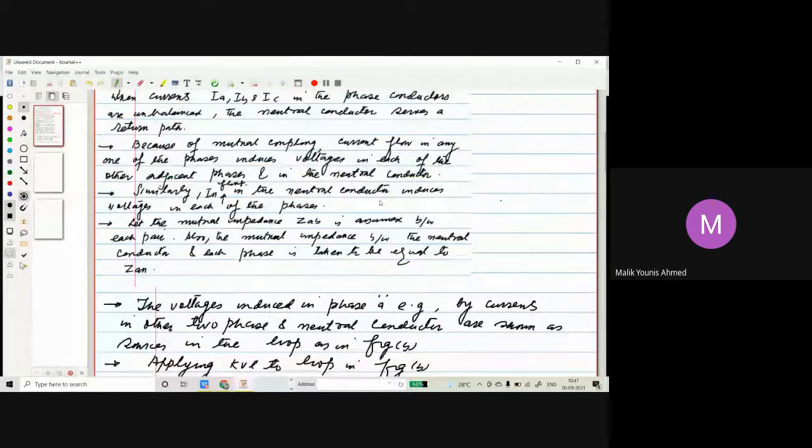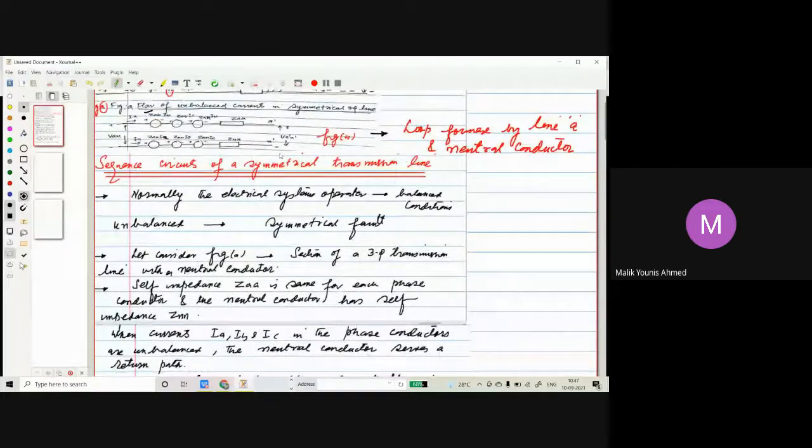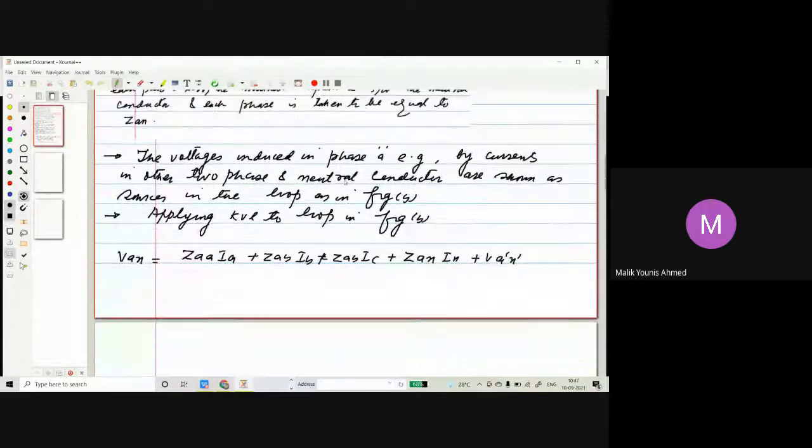So now moving to this side, we will have negative signs now. You can clearly see minus ZNN IN plus, I am writing a complete negative sign as ZAN because the neutral conductor, mutual impedance is ZAN IC plus ZAN IB plus ZAN IA.